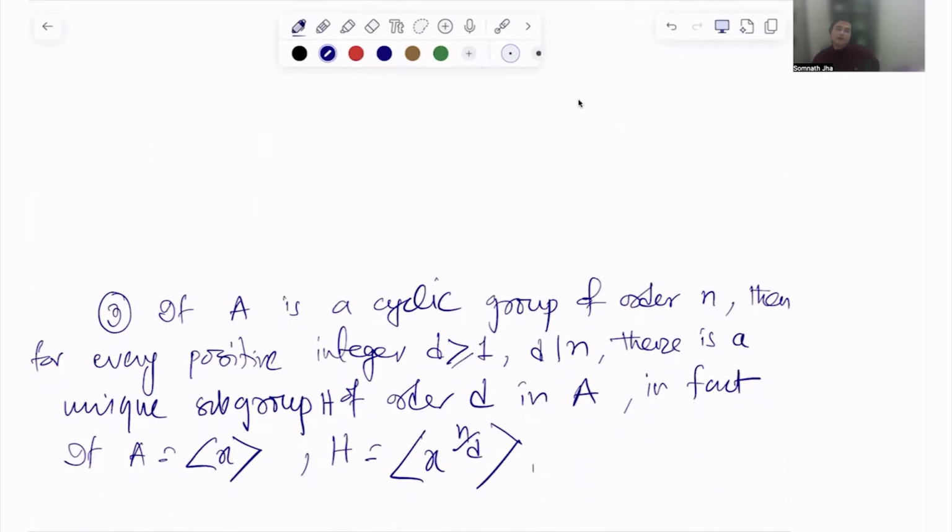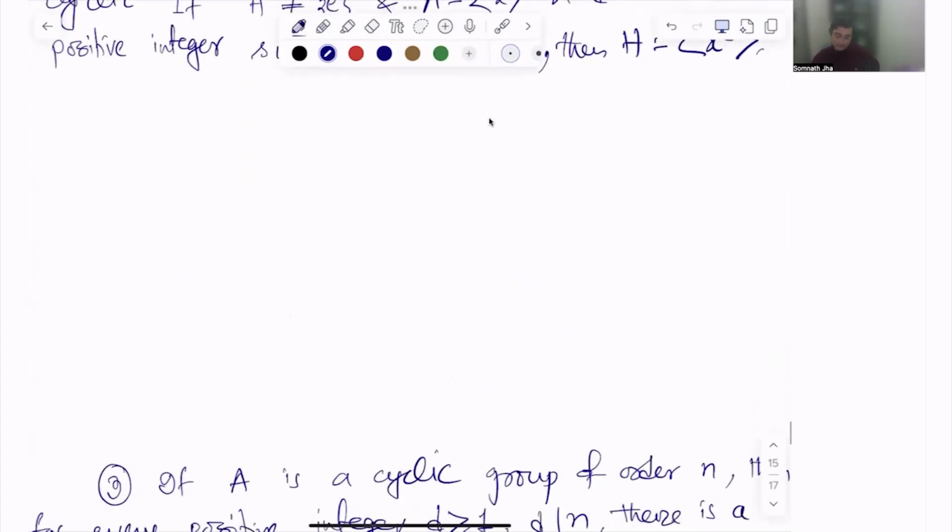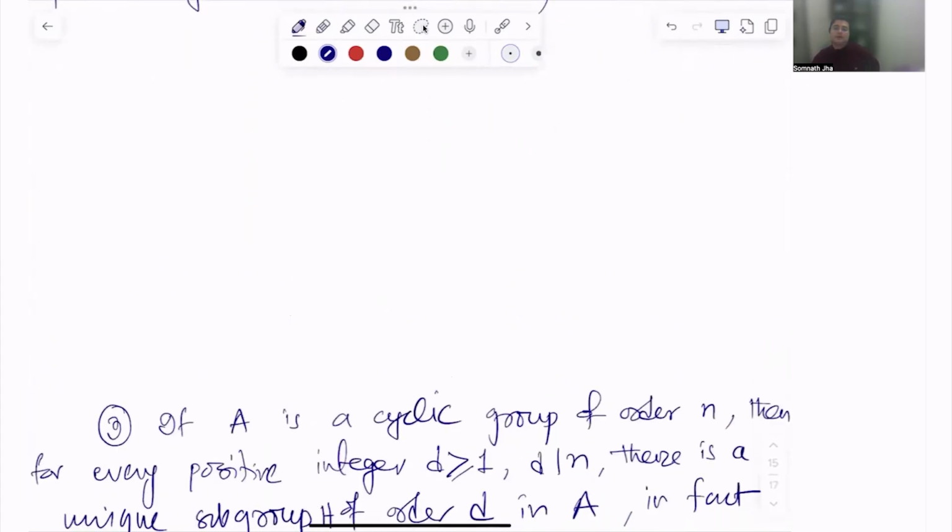And in fact, you can identify the generators also. So these are some basic facts about cyclic groups we learned today. Next time we'll continue with some more basic things of group theory. Thank you.